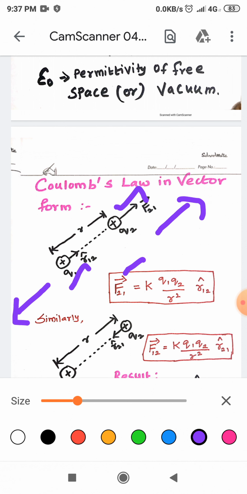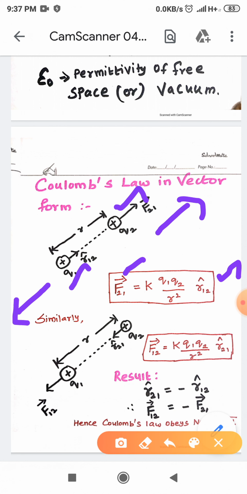Now I am writing this equation in vector form, so I have to include a unit vector in this equation. The value of the unit vector is 1, and it is useful to identify the direction of the physical quantity. Here the force is a physical quantity, and the direction of the force is here.